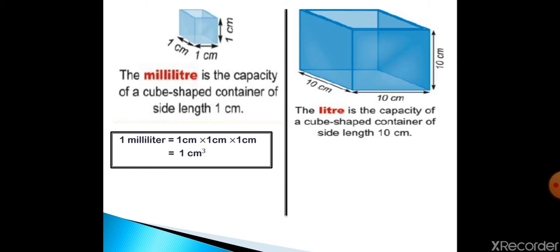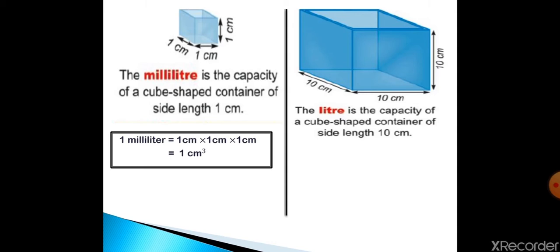Okay, let's return back to the milliliter. Here, the 1 milliliter, when I want to get the capacity, I get the volume. When I get the volume of a solid, I multiply all the dimensions together, and here all the dimensions are equal, so I multiply the edge length together.